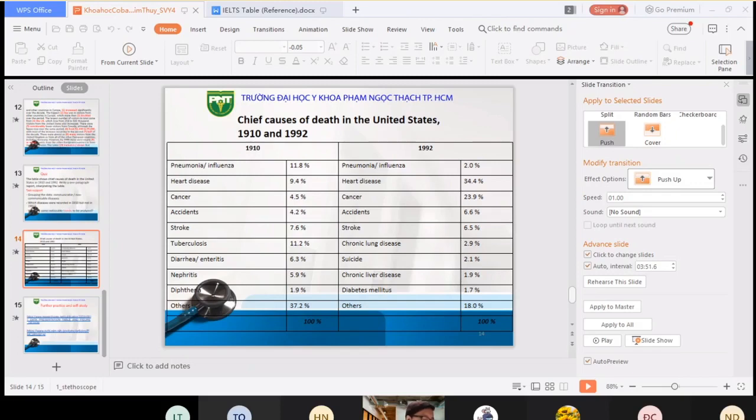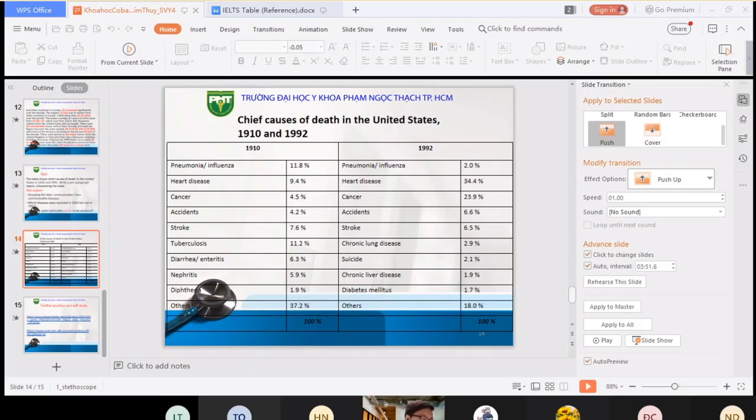So you can use the phrase a very tiny percentage of American people dying of diphtheria. In 1910, most American people die of pneumonia or influenza, right? And tuberculosis too, because 11.8 compared to 11.2, they are nearly the same.